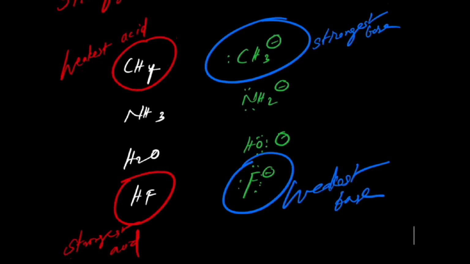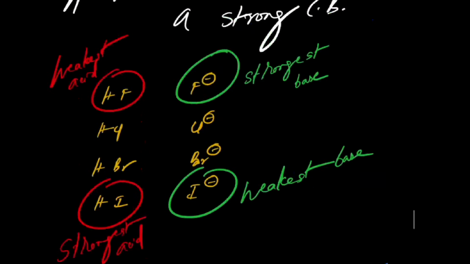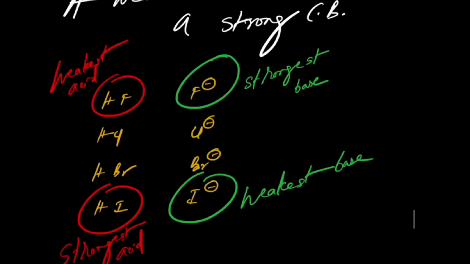Now what did we see here? Whenever you are comparing something down the group, you always go to the size. Here you always go to the size and then decide which conjugate base is weakest or most stable. Whichever is most stable, the acid corresponding to that has the highest acid strength. Whichever conjugate base is the strongest or most unstable, the acid corresponding to that conjugate base is weakest.